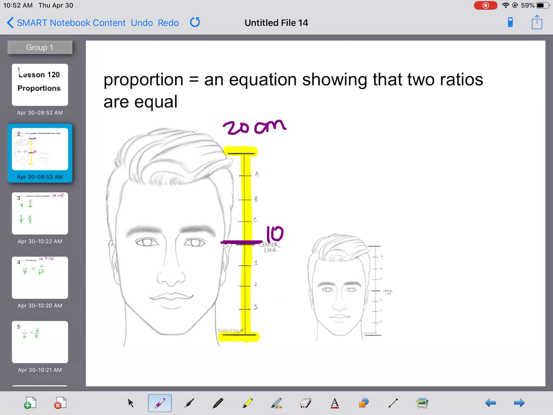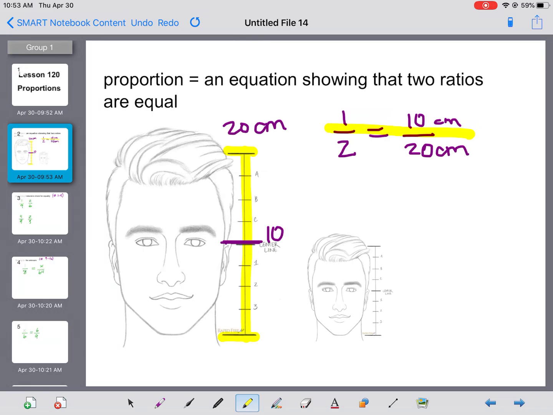Now, what I've really shown you is a proportion. So if the eyes are about halfway between the top of the head and the chin, we can represent that using ratios. So it should be about halfway down. And if we have a head that is 20 centimeters tall, the eyes should be at about the 10 centimeter mark.